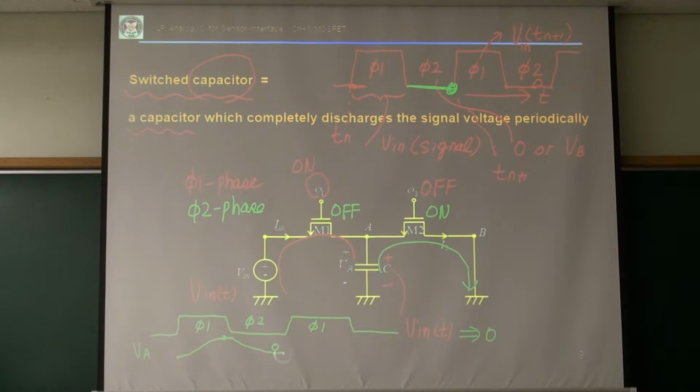In phi 1 phase, it's charged to Vin again. And then in phi 2 phase, it loses it, something like that. So if I connect those two nodes, this is my Vin waveform, right? So at the end of phi 1 phase, the capacitor voltage will follow Vin(t), right?